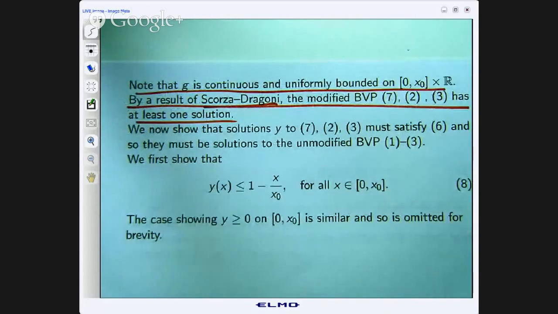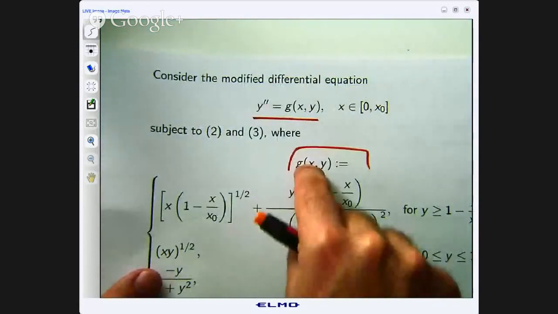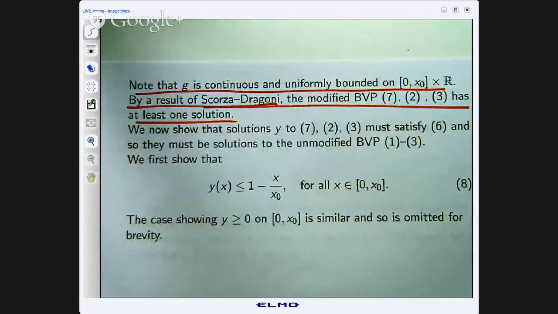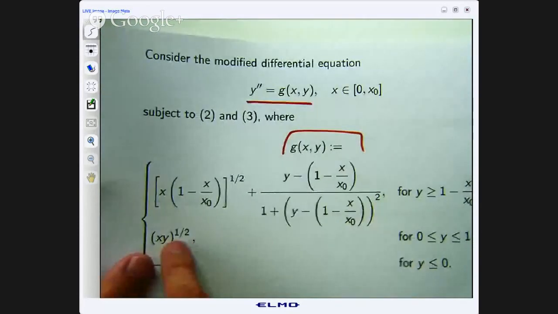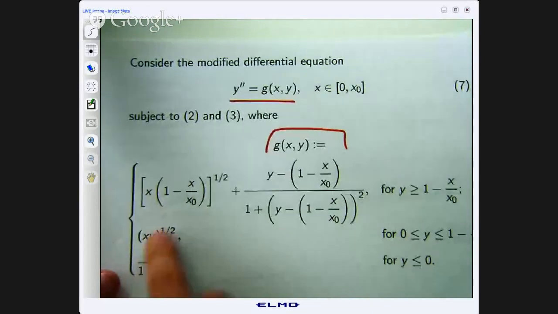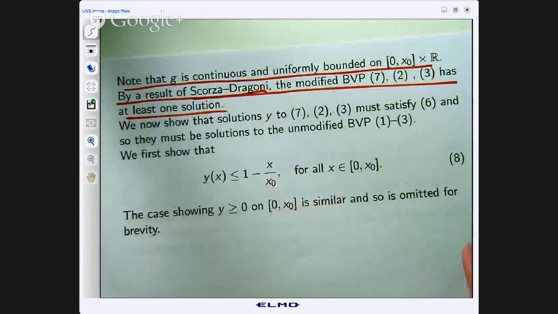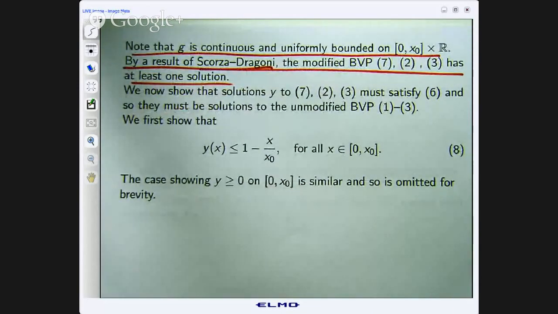And now the challenge is to show that the solutions to this problem with the boundary conditions from the start actually lie in this region, and therefore that's where the equation's unmodified. So the two boundary value problems are the same. Let me say that again. We've shown that this special modified boundary value problem has at least one solution, just using this Scorza-Dragoni result.